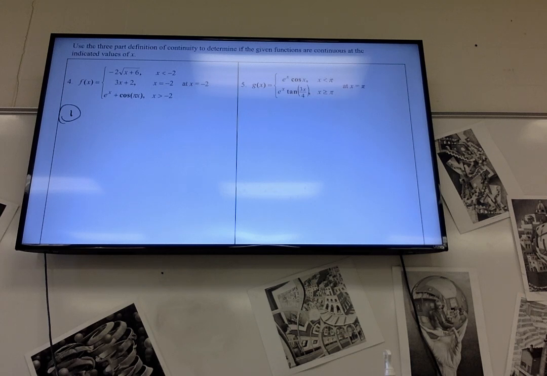-2. Yeah, -2, because that's what x is over here. And it is actually defined at -2. Is it a hole? No, because right here it says it's equal to -2.